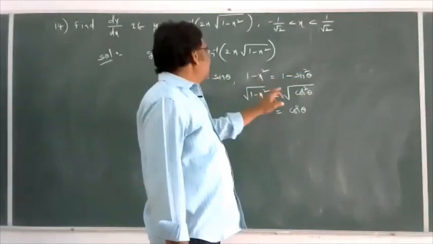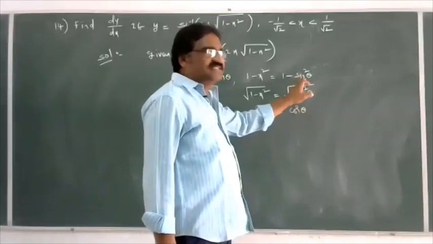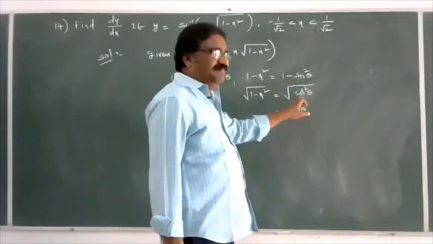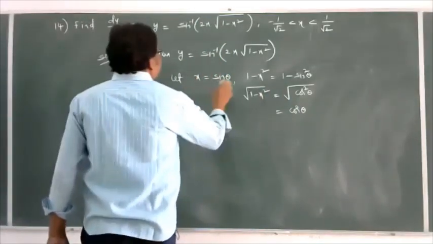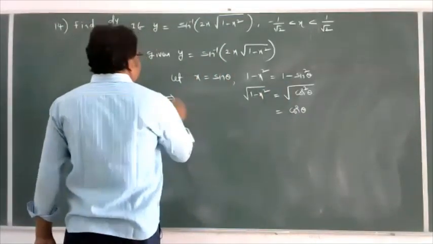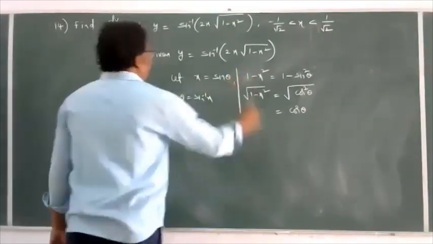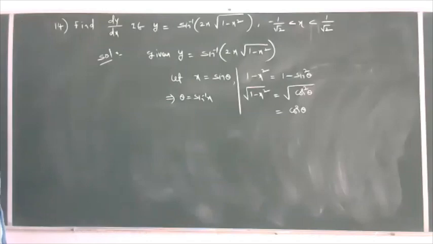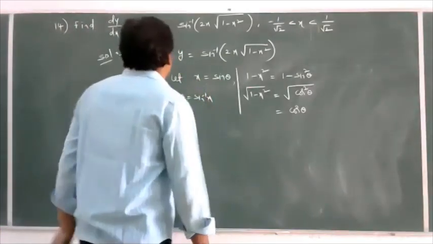Root of 1 minus x square is root of 1 minus sine square theta. 1 minus sine square theta is cos square theta. Root of cos square theta is cos theta. Here x is equal to sine theta, that implies theta is equal to sine inverse x.